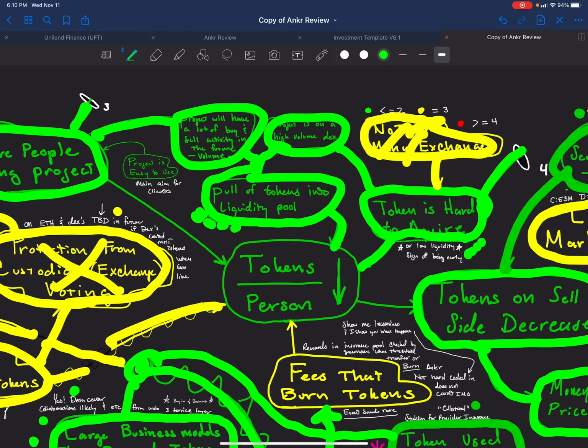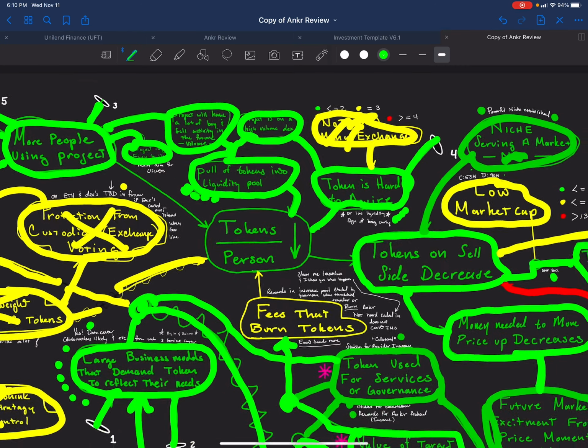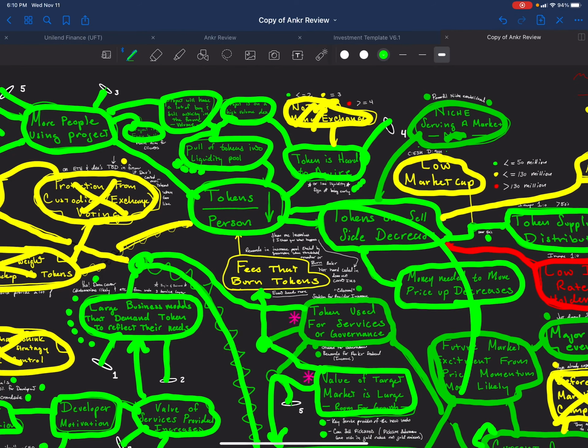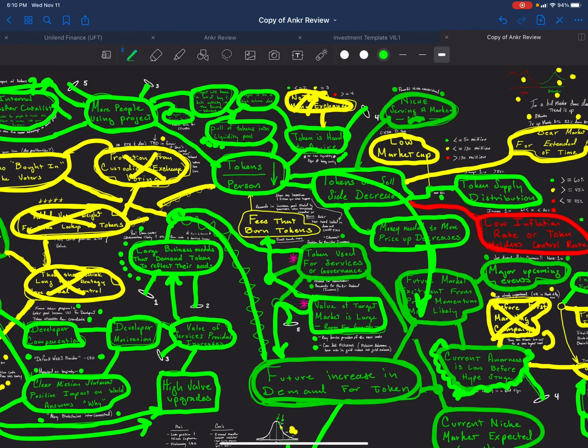So this is a bullish thing for any project: a large community trading the token. And the project is easy to use. That's one of their main services. Token per person to decrease. And once again, that feeds back into this whole system, leading to future market excitement.